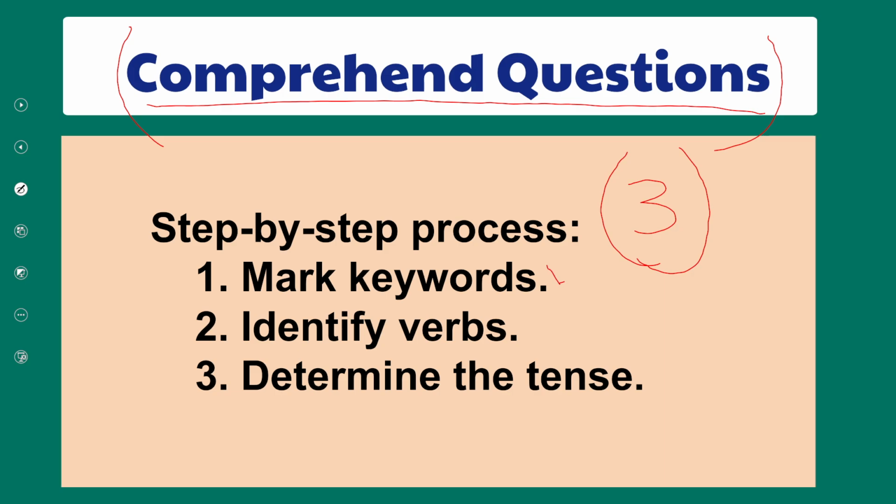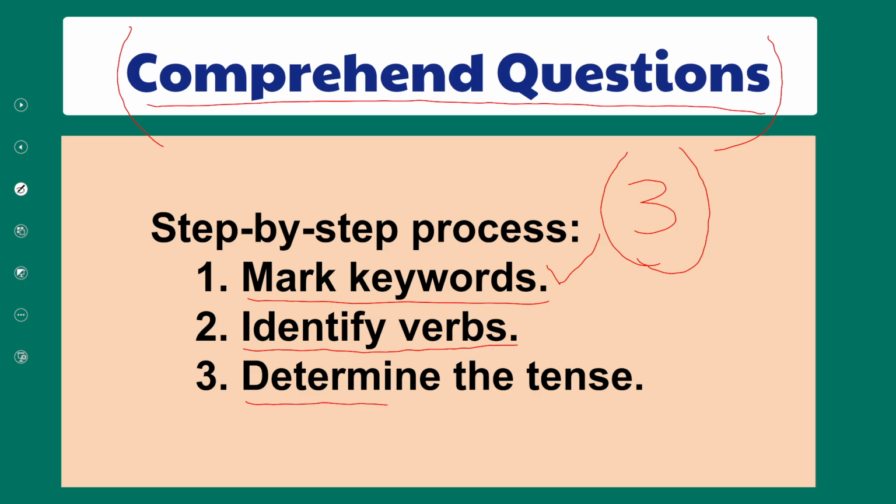First is to identify or mark the keywords, and second is to identify the verb, because verbs are the action words and they tell us about actions. By identifying the verb of a question, we can easily get to know what action the asker is asking for in the question.